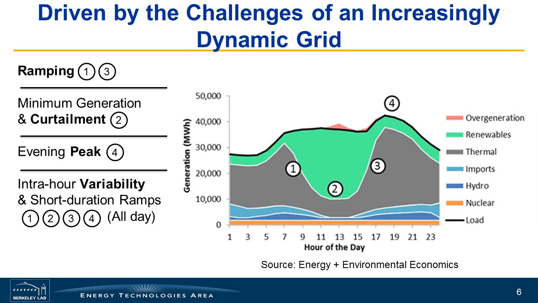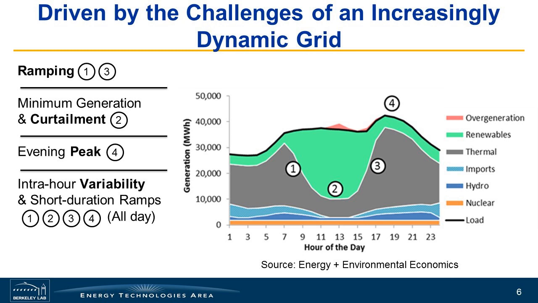But these produce challenges of ramping, where we have morning ramps down as solar generation comes up, and then we have, of course, the evening ramp, which is typically exacerbated by an evening peak. You have curtailment of renewable resources, including wind and also solar, during the middle of the day because we just have more resource on the grid than we actually have demand.